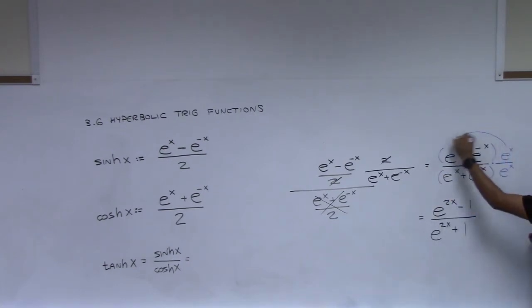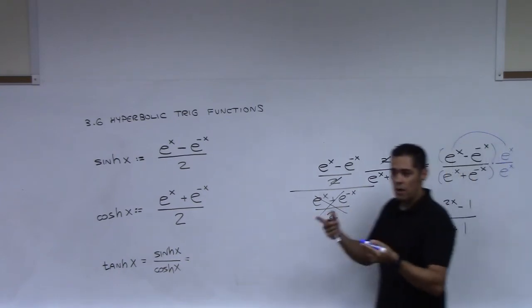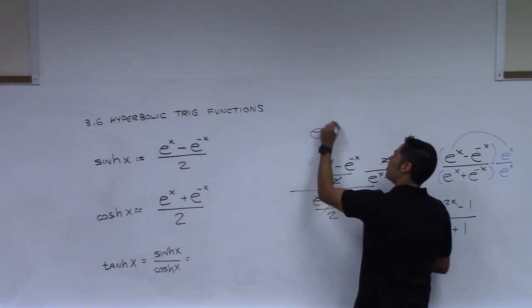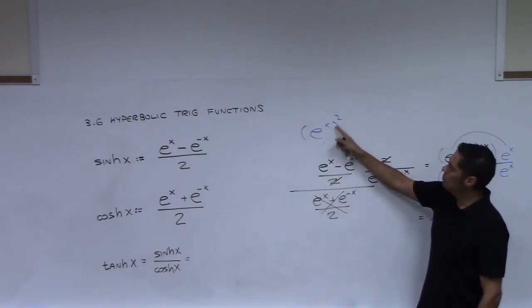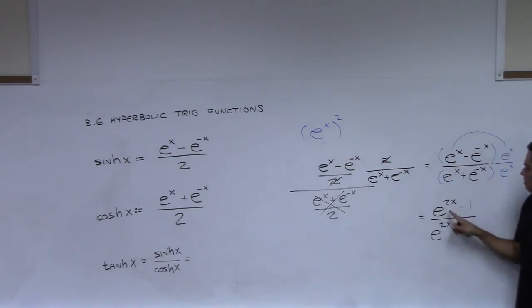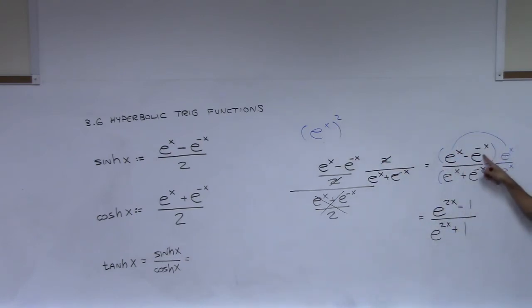When you distribute, what's e to the x times e to the x? It's e to the x squared, right? And then what do you do when you have something to a power to a power? Multiply. So that's 2x. So that's this. And then what's this times this? Well, you add the exponents, don't you? Negative x plus x is 0, so you get e to the 0, and that's 1.